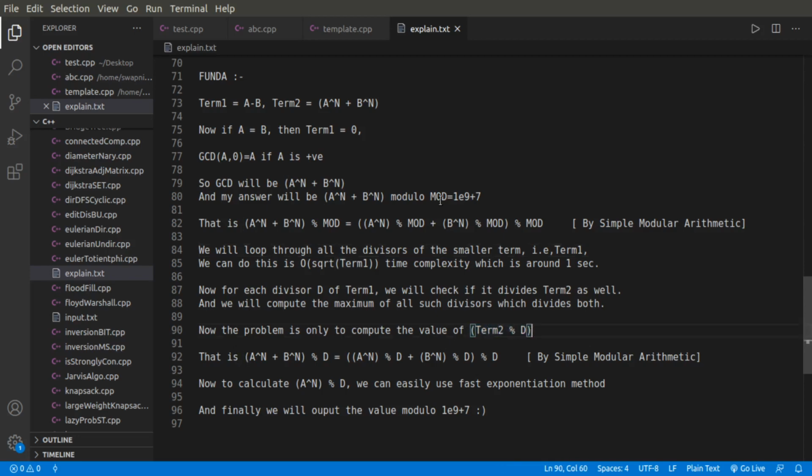How will we be able to calculate that term 2? Because as explained earlier in the key observation part, this number is huge, we cannot calculate this term directly.